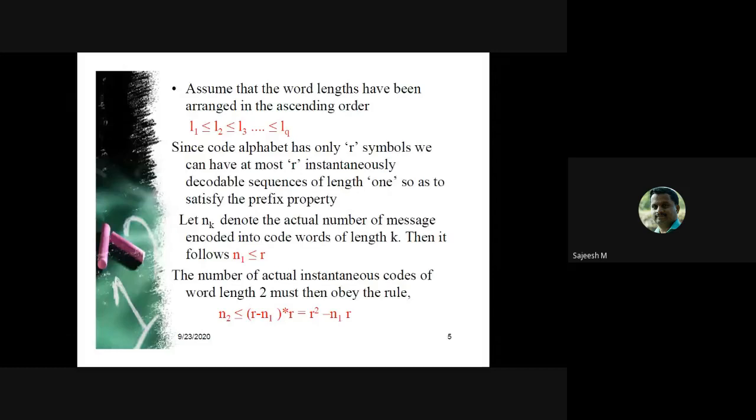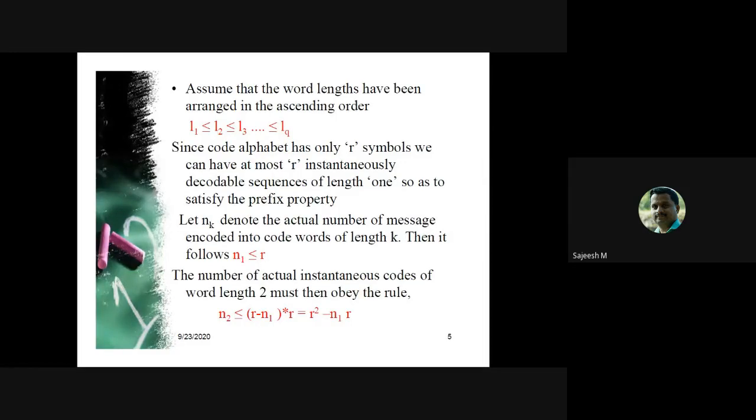Then, the code alphabet has only R symbols. We can have at most R instantaneously decodable sequences of length 1 so as to satisfy the prefix property.